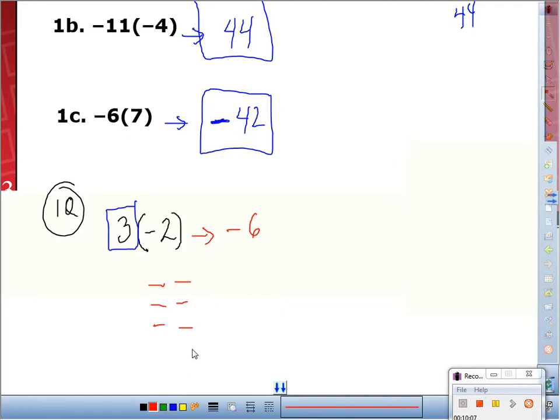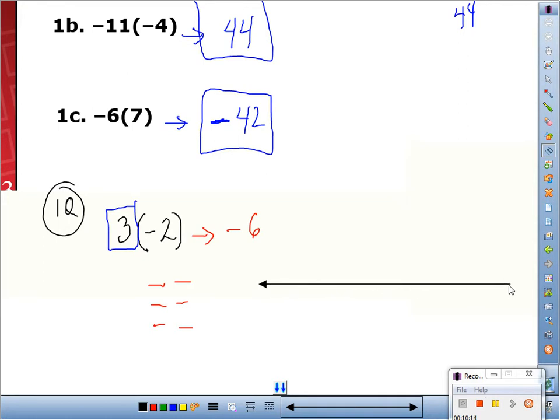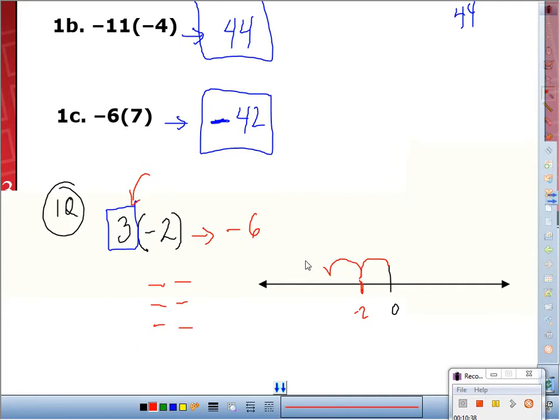That's using tiles. Now let me show you using the number line. Here we go. I'm going to start at 0. The parentheses say that I need to take a jump of negative 2. Everybody look up. A jump of negative 2. However, how many times am I going to do that? 3. That's 1, 2, 3.